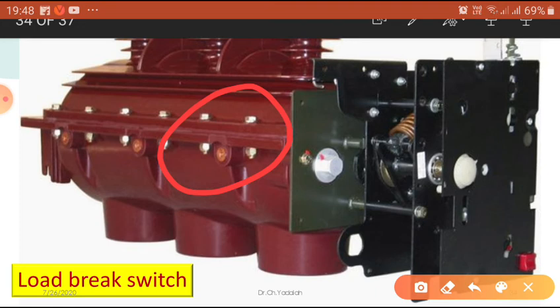Next application is that these interrupters increase the load break capability of the disconnect switch and can be applied for switching load or fault currents of the associated equipment. These are some examples of the applications of the load break switch.